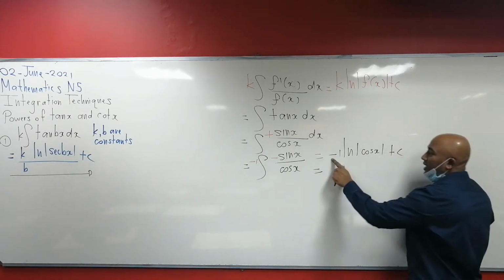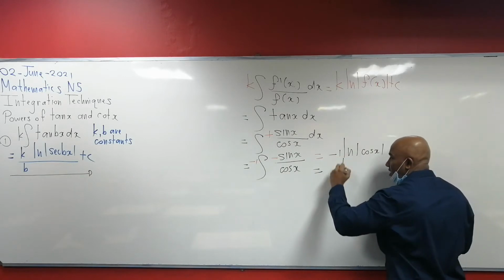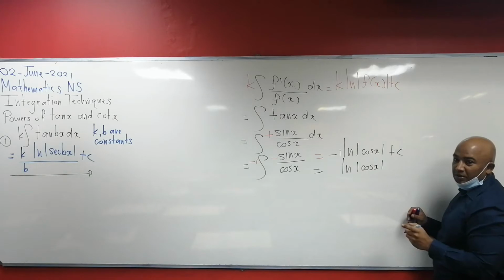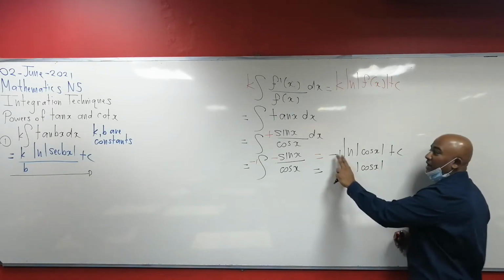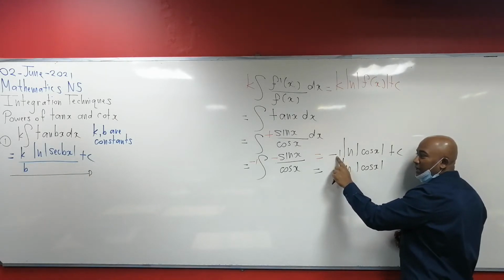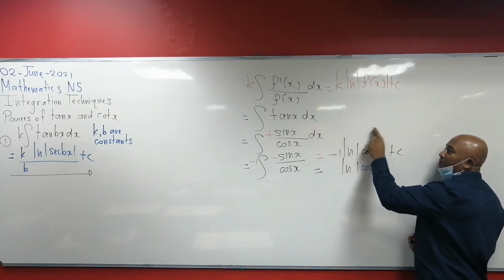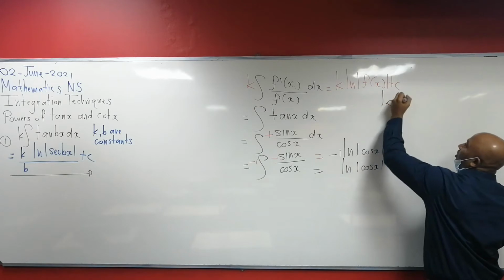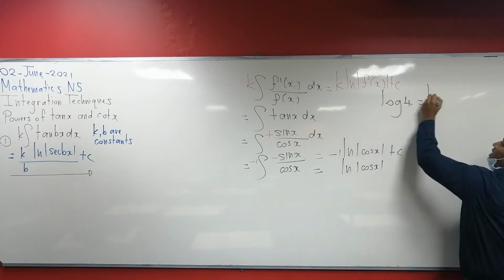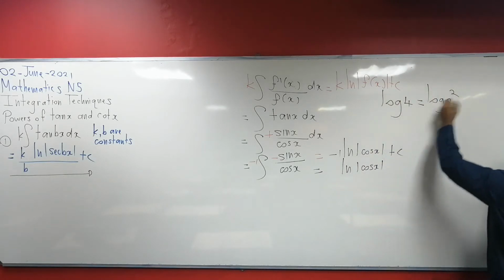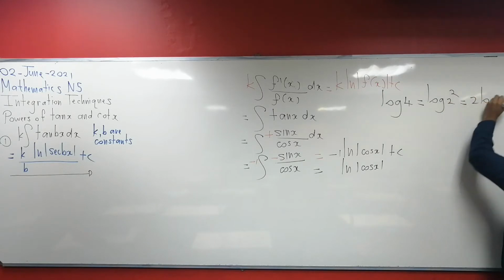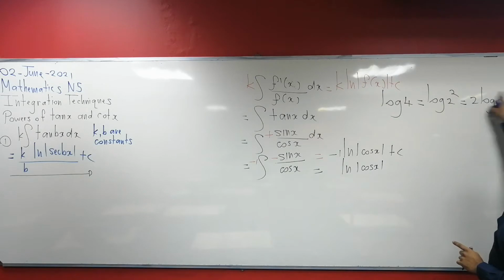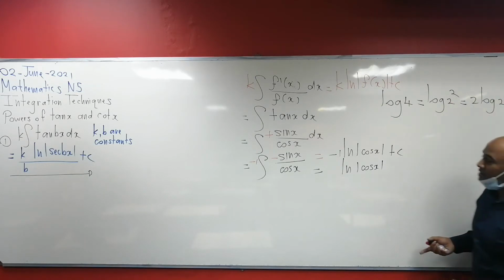Now I've got minus ln of cos x. From my log laws, if you have a number in front, you can bring that number up and make it a power. Remember, if I have something like log of 4, this is the same as log of 2 squared, which is the same as 2 log 2. So I can take the 2 to the top, just like here, and I can bring it down. That is your log law.